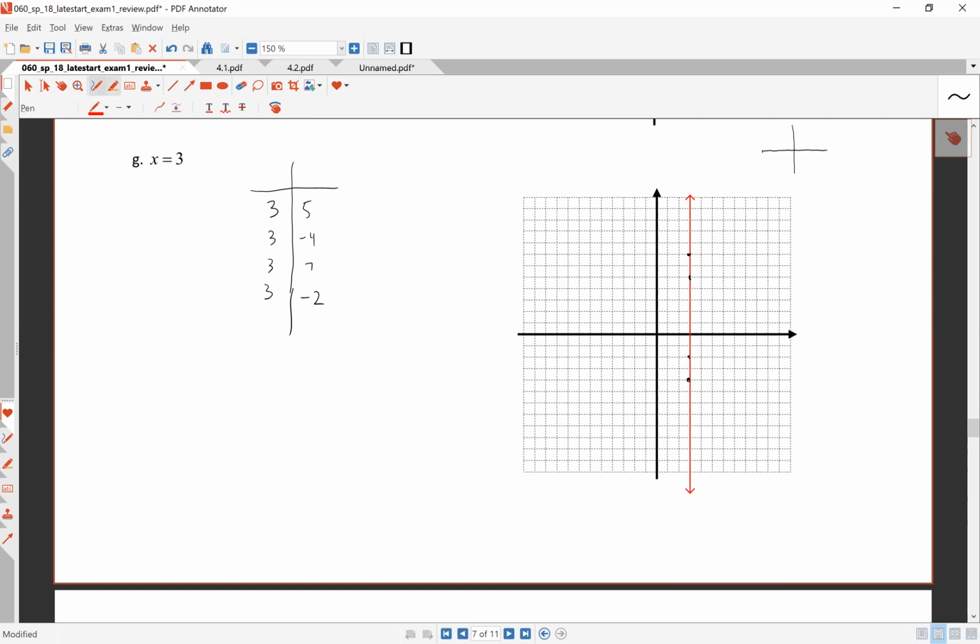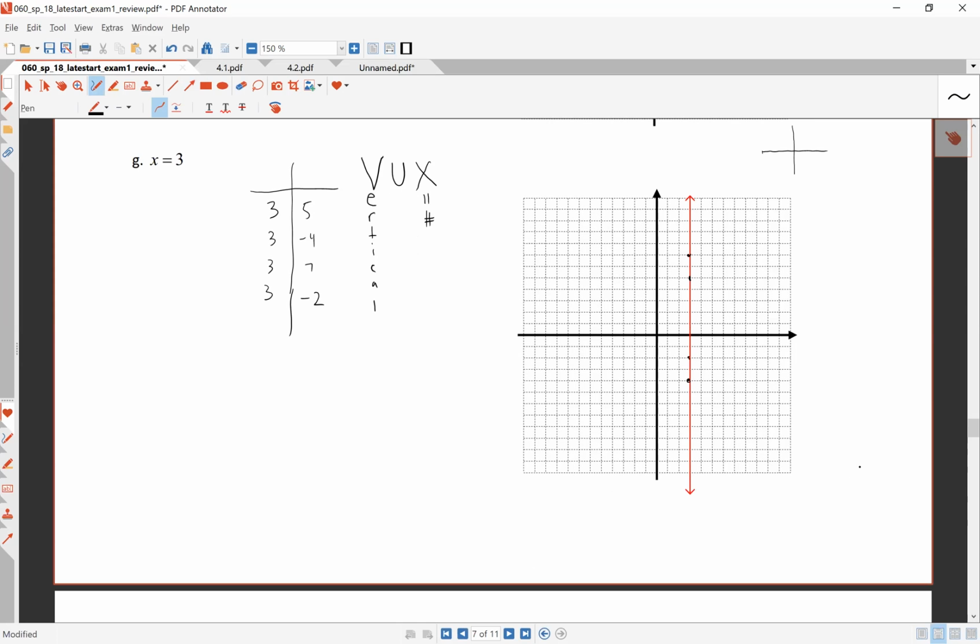And so then I talk about this mnemonic device, VUX, VUX, because if it's always an x equals a number, then these are vertical lines. And do you know what the U stands for there? Did you see slopes of vertical lines yet? Probably. Yeah.